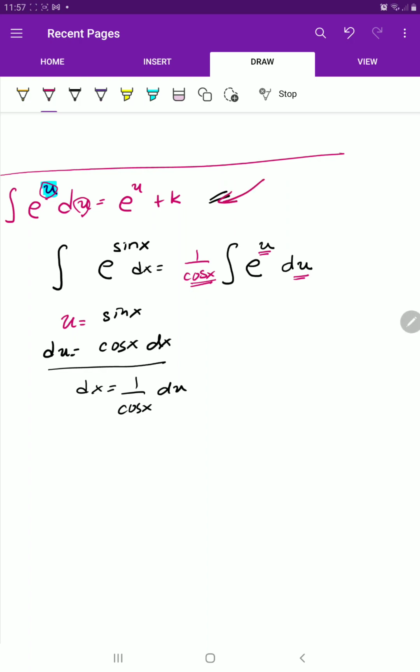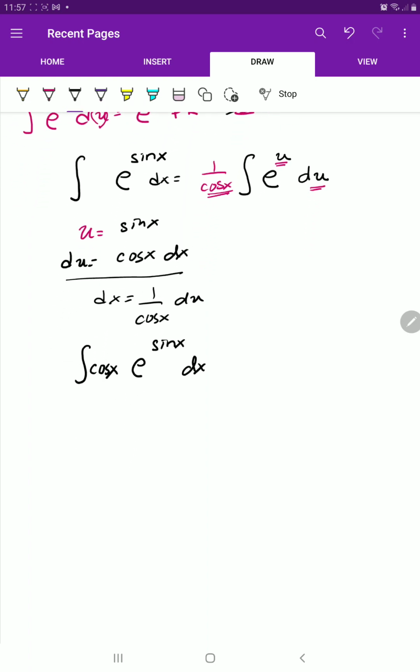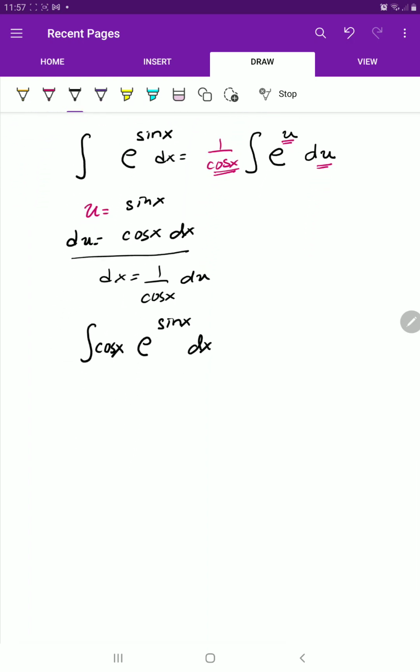However, let me just rewrite that one in such a way that it will be answerable using that formula. I will just try to change it to this question. So now the question is this: find the integral of cosine x e to the sine x dx.